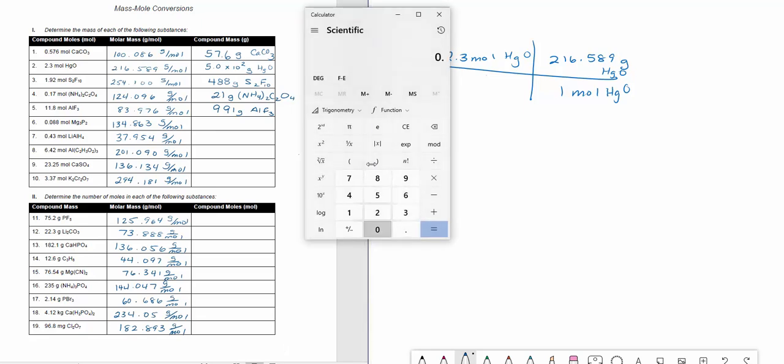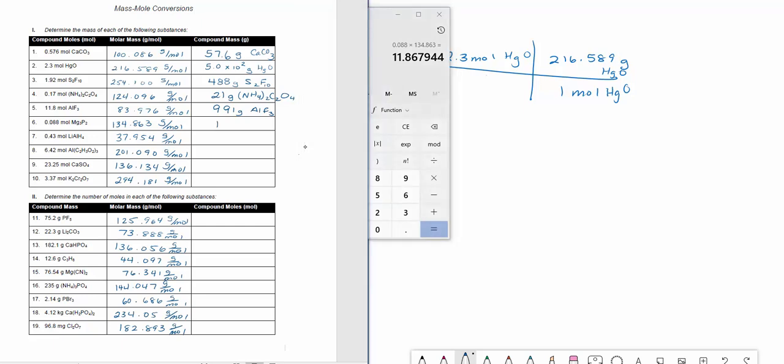Number 6, 0.088 multiplied by the molar mass, 134.863, and I get 11 point something or other. I have 2 significant digits in my measured quantity. I can only end with 2 significant digits, so this would be 12 grams of my compound.